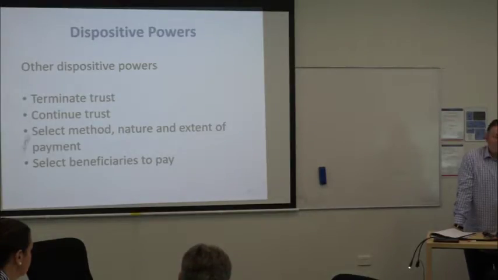Interestingly, I've seen clauses lately which I think people try and make a bit more modern, and they've left out some of those aspects, and they don't actually have the general catch-all for the benefit in life of the beneficiary, which means sometimes you've got to question whether the distribution that's being asked for is consistent with the terms or the powers under the trust deed for which the funds can be distributed.